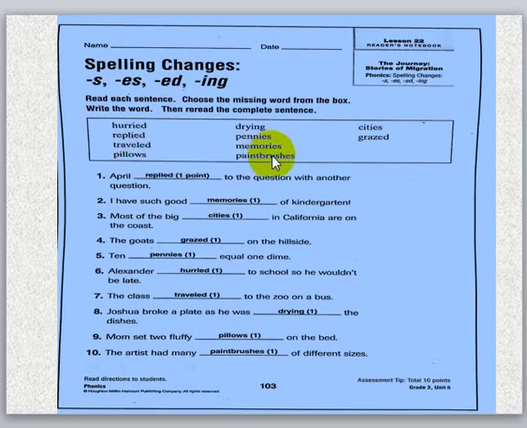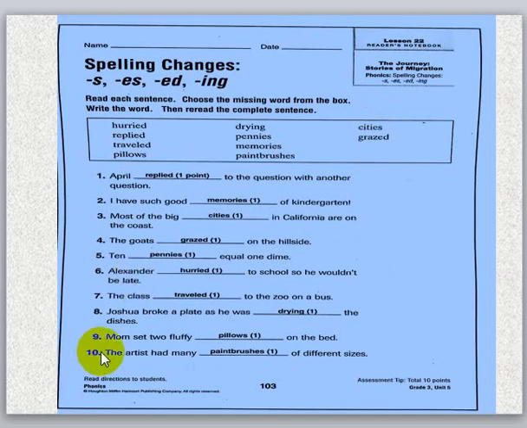But if it ends in SH, CH, X or O, we put ES for the plural. If it ends in Y and before the Y there is a consonant letter, we change Y into I and then we put ES. It's very easy.